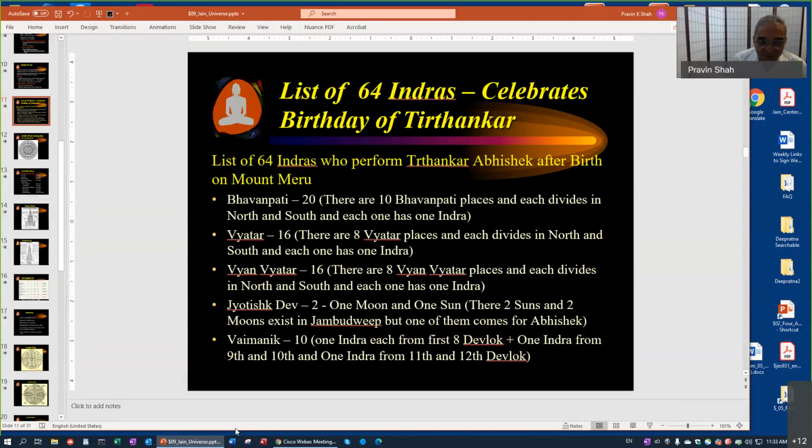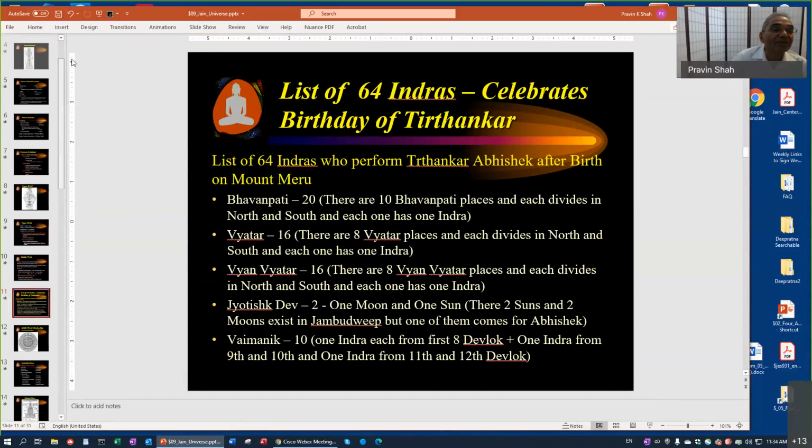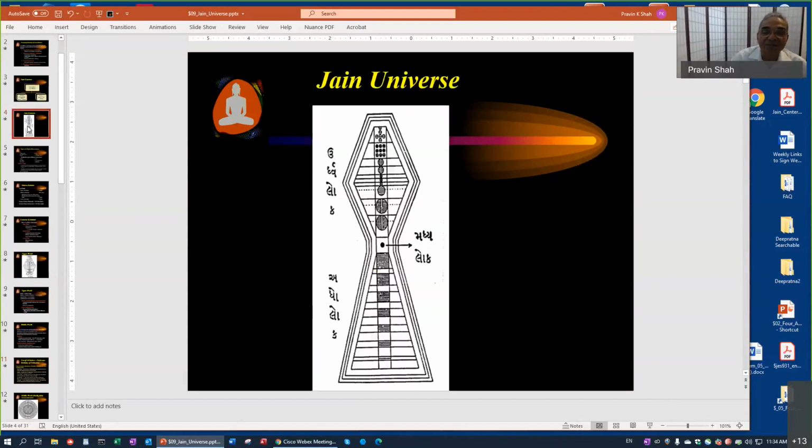Now, the place of the Bhavanpati, let me just show you the idea if you don't remember it. This is the Urdhva Lok, this is the Madhya Lok, and this is the Adho Lok. The Adho Lok has 7 Narkis, which I told you: 1, 2, 3, 4, 5, 6, and 7.